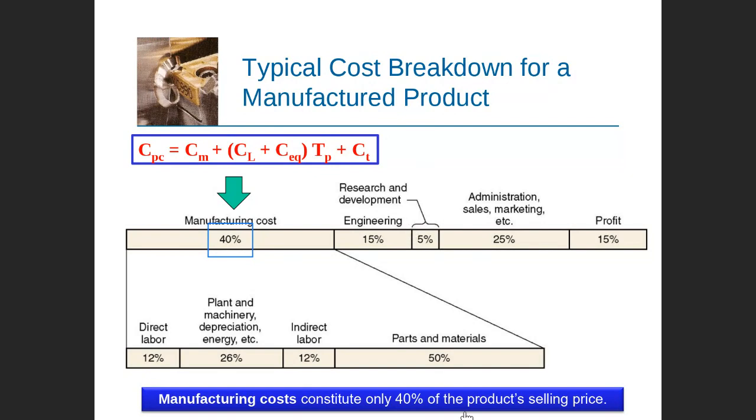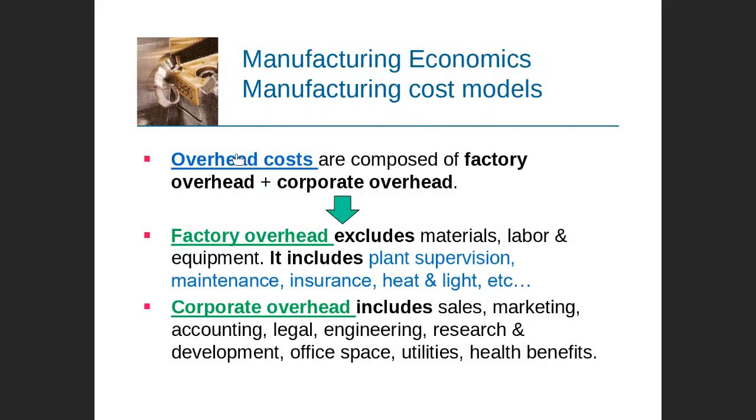Right? Okay. What is the additional cost? We call it the overhead cost. All this additional cost, whatever we discussed now, we call the overhead cost. Overhead cost could be factory overhead and corporate overhead, including all we just described. Factory overhead excludes material and labor, but it includes plant service, maintenance, insurance, heat, light, and so on.